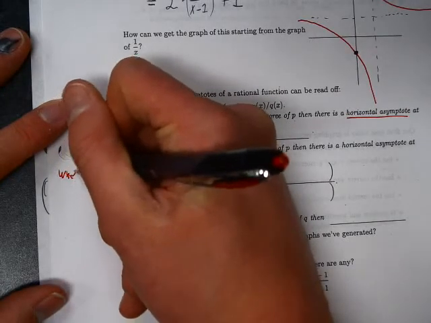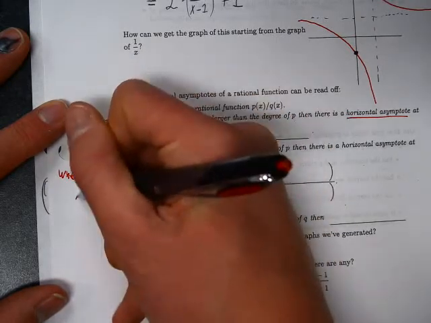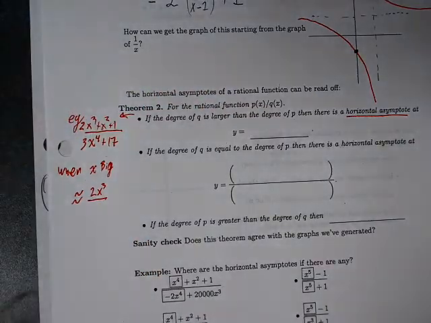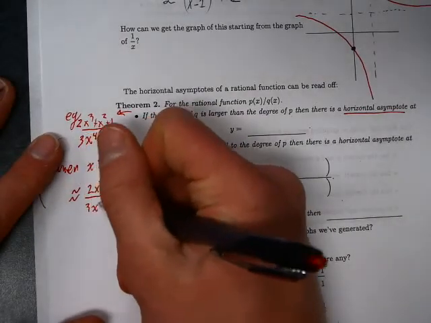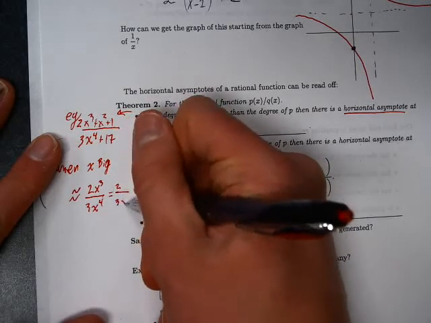When x is big, this will basically just be 2x cubed divided by, in the denominator, compared to 3x to the 4th, does that plus 17 make any difference? Let's see, that's 2 over 3x, right?